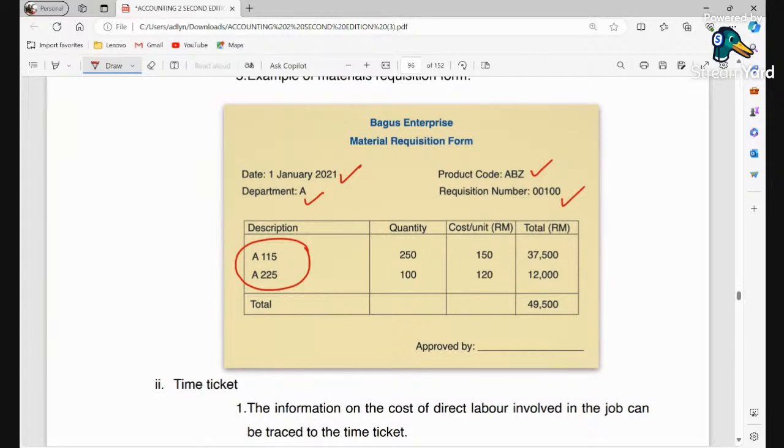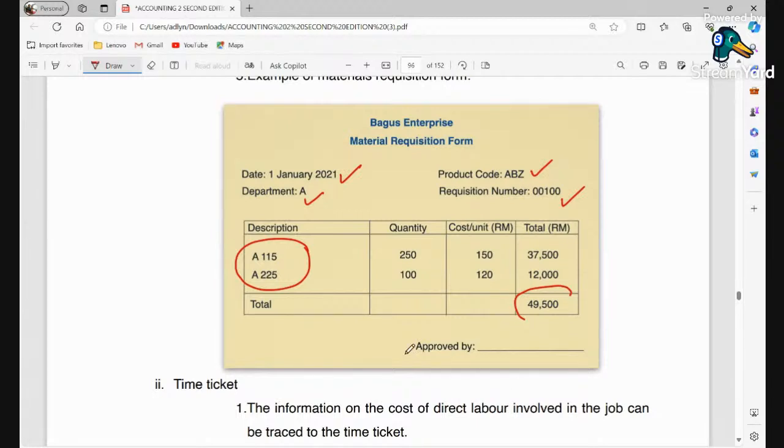Okay, so each unit dia kena nyatakan berapa cost, okay, bahan mentah tersebut. Right, and then kita boleh kira lah how much is the direct material requisition. Okay, so sebab itu dari awal lagi saya dah boleh kira berapa direct material yang diperlukan untuk order tersebut. Okay, alright, so this is the direct material requisition form.